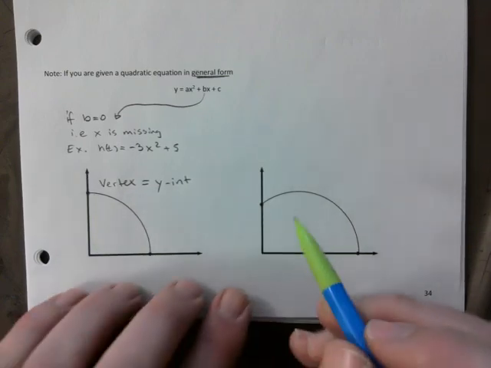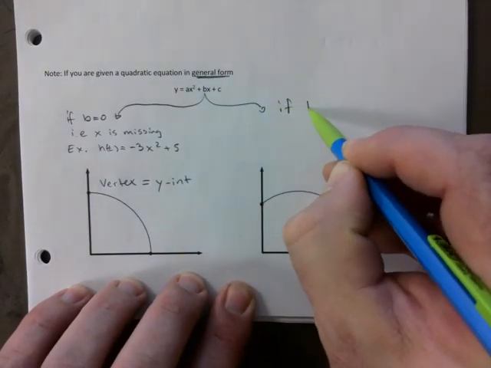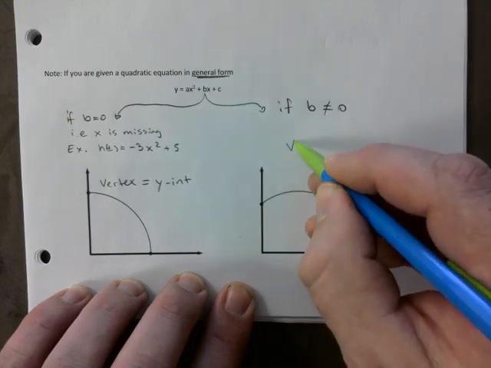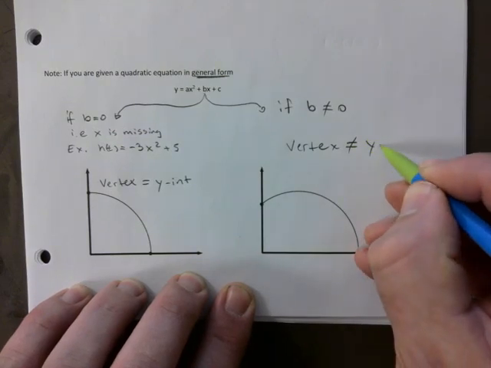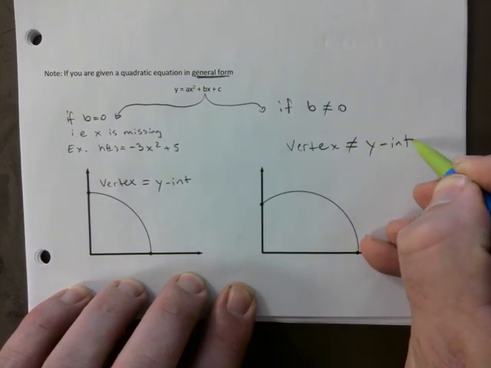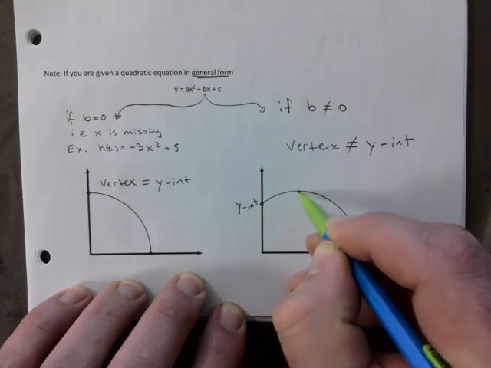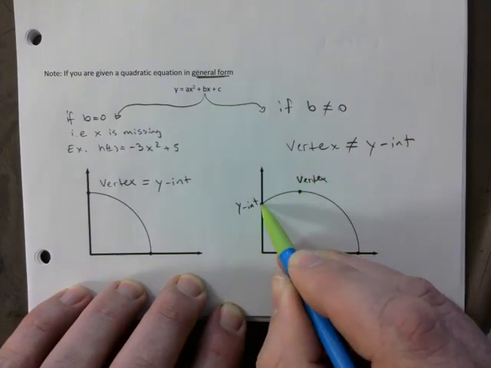Okay? And then if b is not equal to 0, then the vertex is not equal to the y-intercept. The y-intercept is here, and the vertex is up there. So there is a higher point.